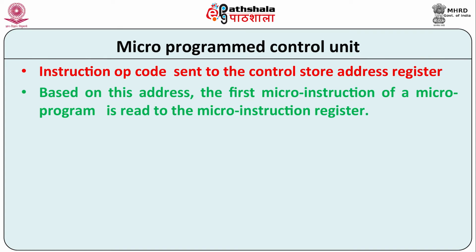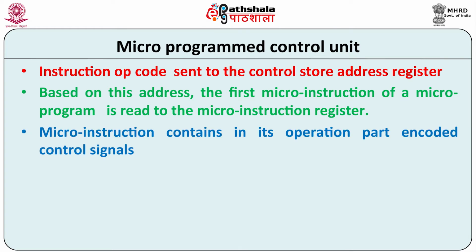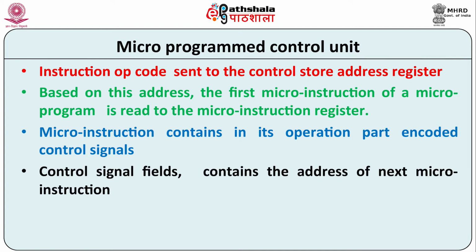Based on this address, the first micro instruction of the microprogram that interprets execution of this instruction is read into the micro instruction register. The micro instruction contains its operation part, encoded control signals, usually as several bit fields. The fields are decoded in a set of micro instruction field decoders.